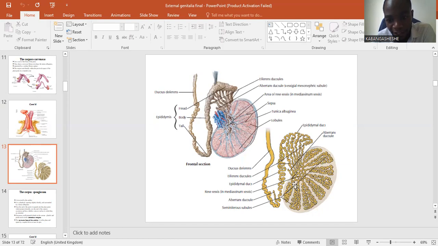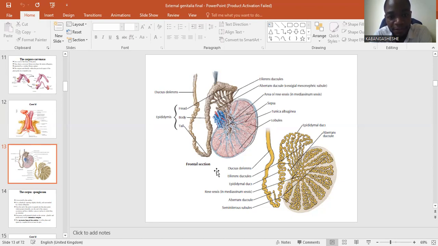So the production site for sperm cells is the testis. The storage site, like a warehouse where mature sperm cells are stored, is the epididymis. So it's not like sperm cells are produced there when you need them. They are stored, waiting for the cells to be released during the process of reproduction.